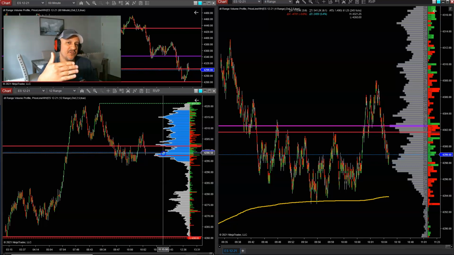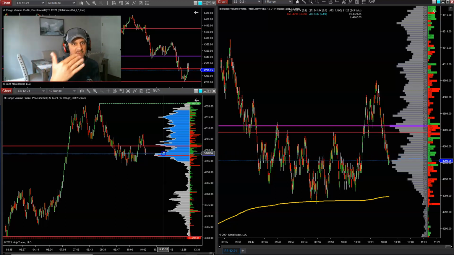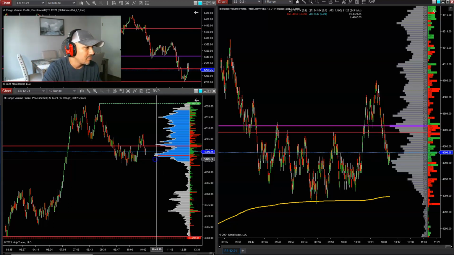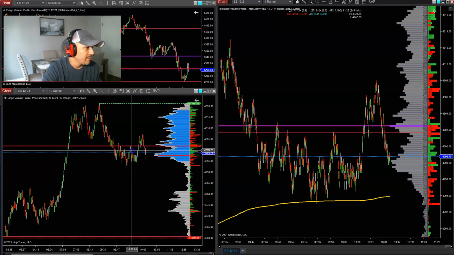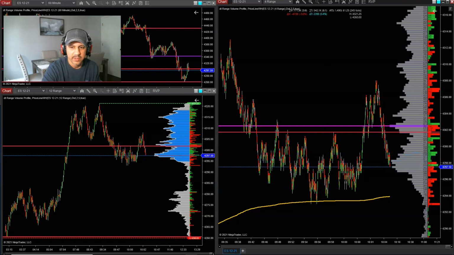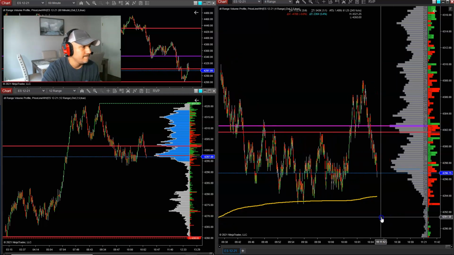And if you're trying to go long, make sure you're buying from the lower end of a high volume area. Okay, so let me take a look here, guys, and see what's going on, because price is pulling back.